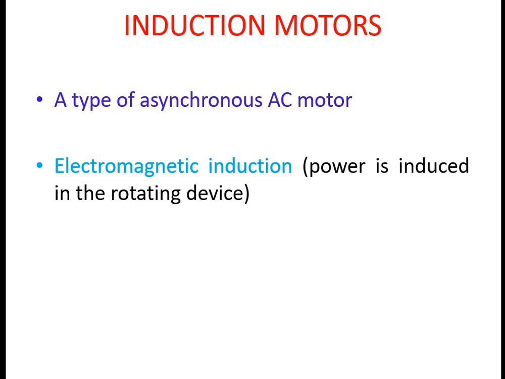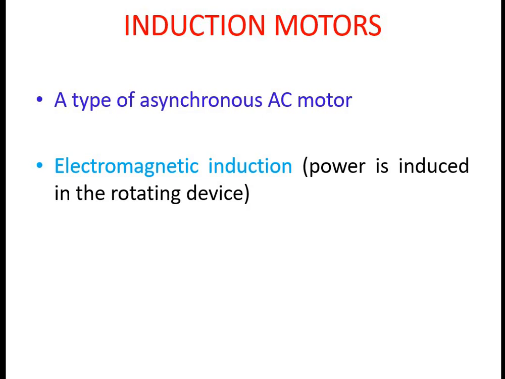It means here we get power induced in the rotating part rather than by means of conduction. We get power by means of induction. Hence we call such an asynchronous AC motor an induction motor, and it works more or less similar to a transformer.